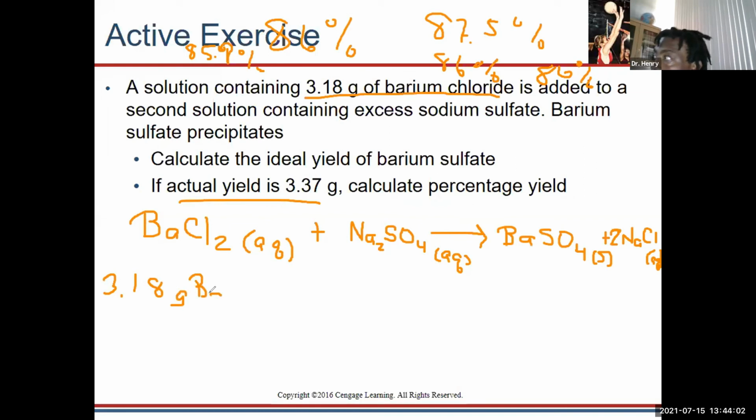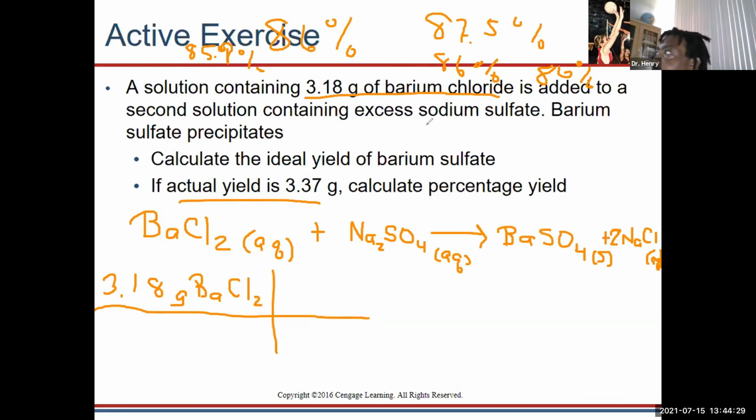So what am I going to want to do with this? I'm given mass. I need to change it into what, so that I can use my chemical equation? I need to change it into moles.